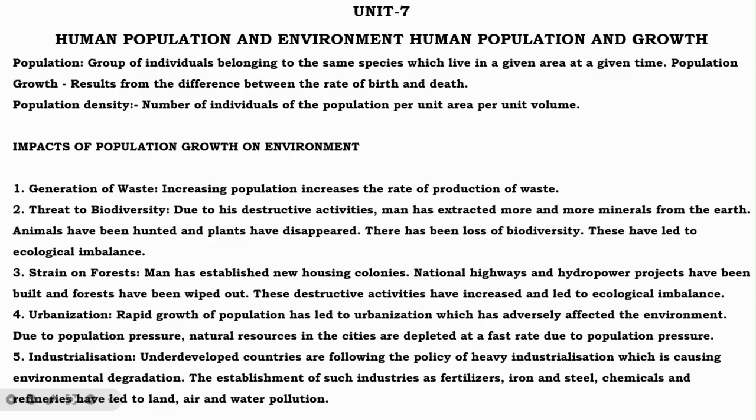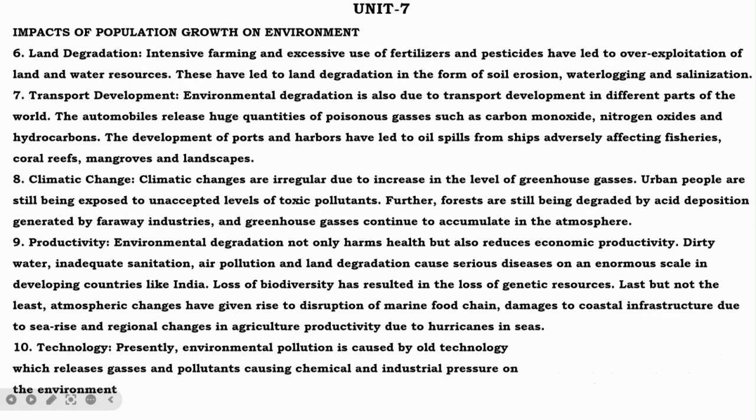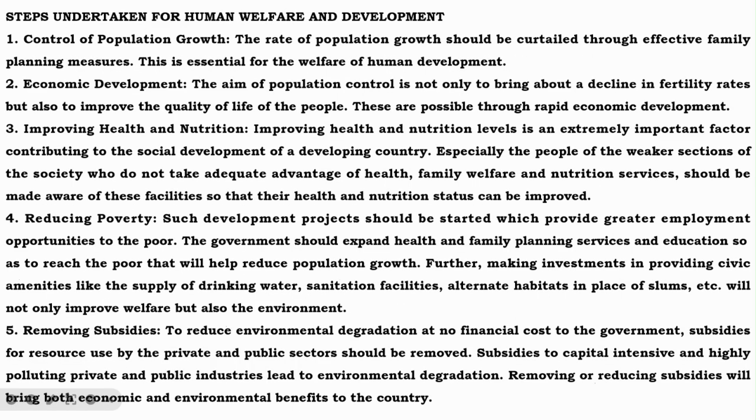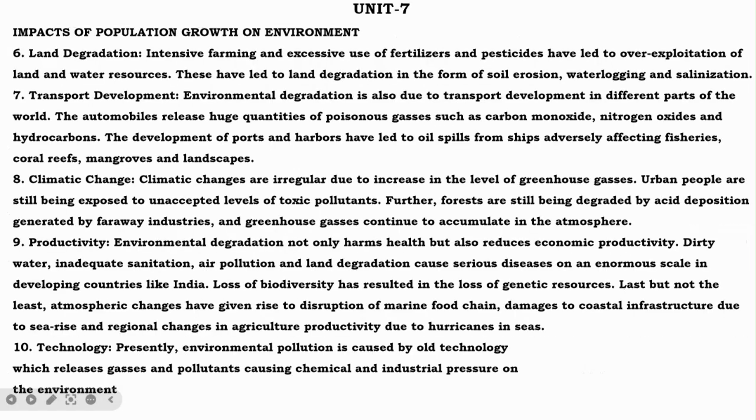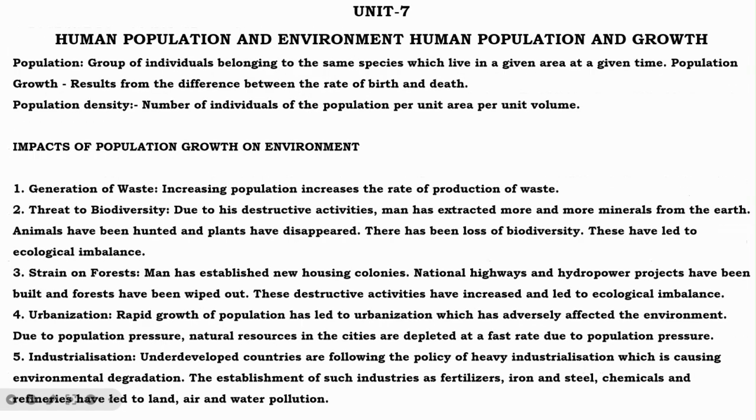Then you have human population and environmental science, of growth. This is the last chapter. Here, a population is a group of individuals belonging to the same species at a given time.